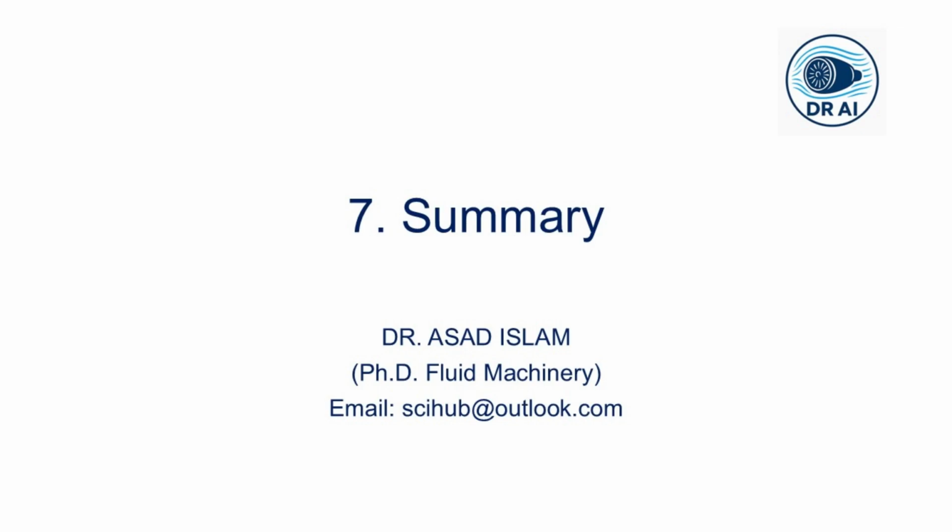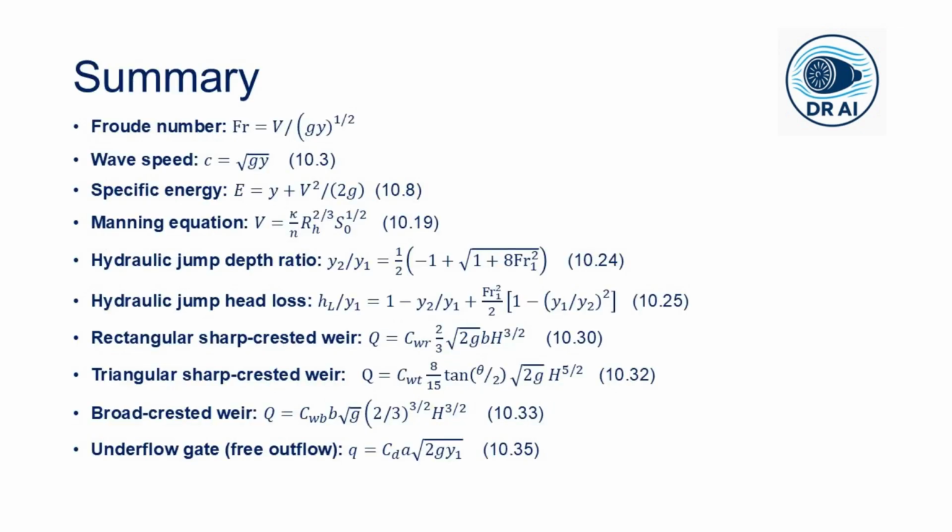Second, when we studied the sharp-crested and broad-crested weirs, they use the principle of critical or near-critical flow to create a simple relationship between upstream head and flow rate, making them invaluable for flow measurement. And third, the underflow gates provide a means of controlling the flow and can also be calibrated to measure it. So each of these topics is very important for fluid mechanics.